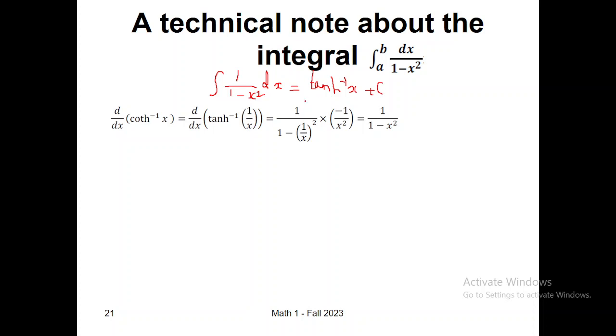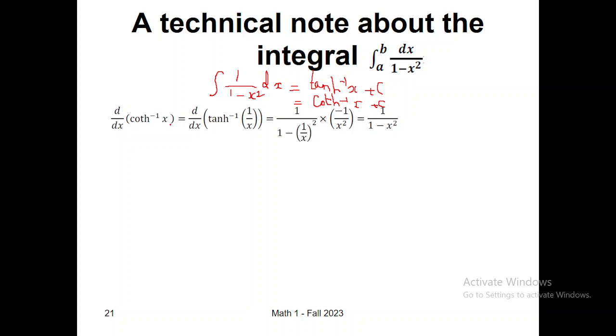Actually, you can say also, and this is correct, the result is cotangent inverse. You usually use tangent inverse. But if you use cotangent inverse instead of tangent inverse, you are correct. And you can verify this by calculating the derivative of cotangent inverse.